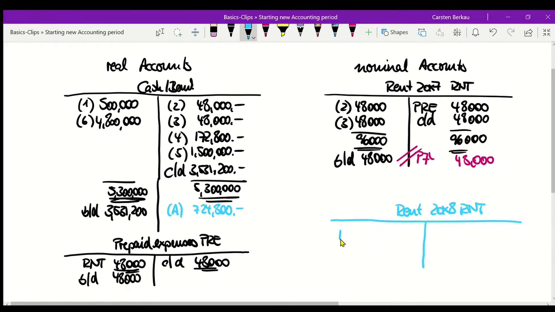Now we make a debit entry with the reference prepaid expenses to the extent of 48,000, and we credit 48,000 to the prepaid expense account. By this bookkeeping entry, the prepaid expense account has been closed off to the rent 2008 account.